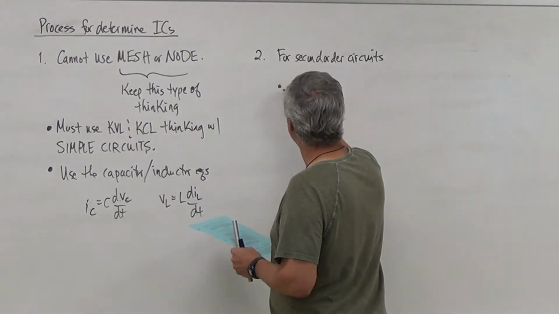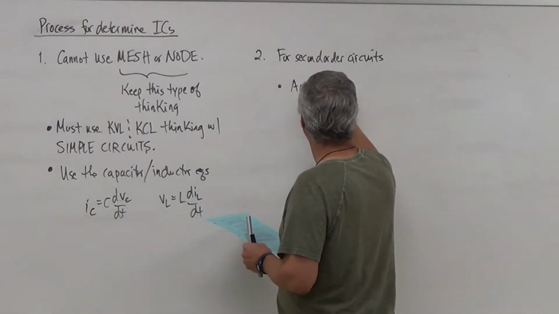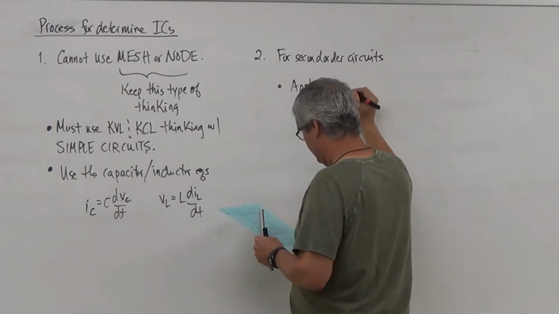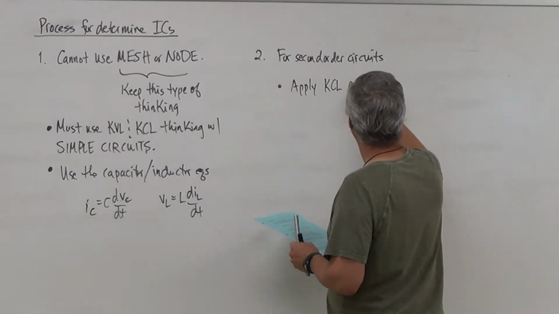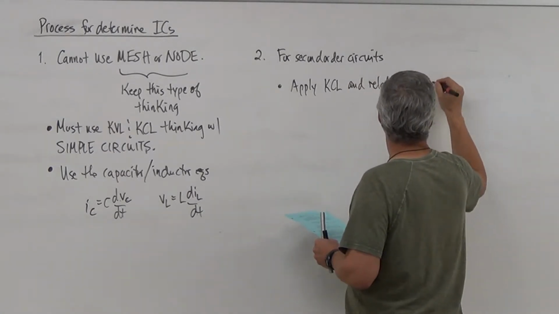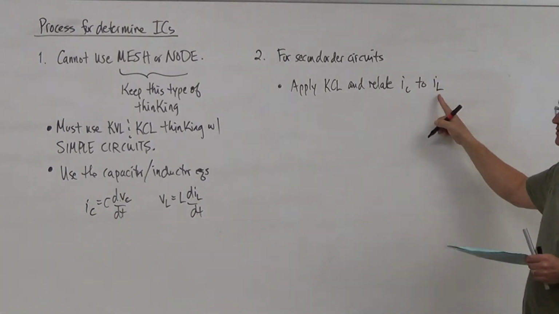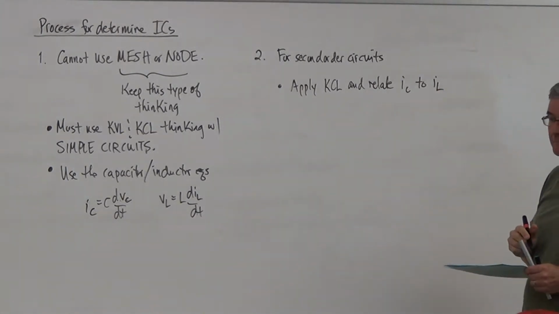You're going to have to do this. If I have a second order circuit here, you want to apply KCL and relate IC to IL. You want to relate the current of the inductor to the current of the capacitor.